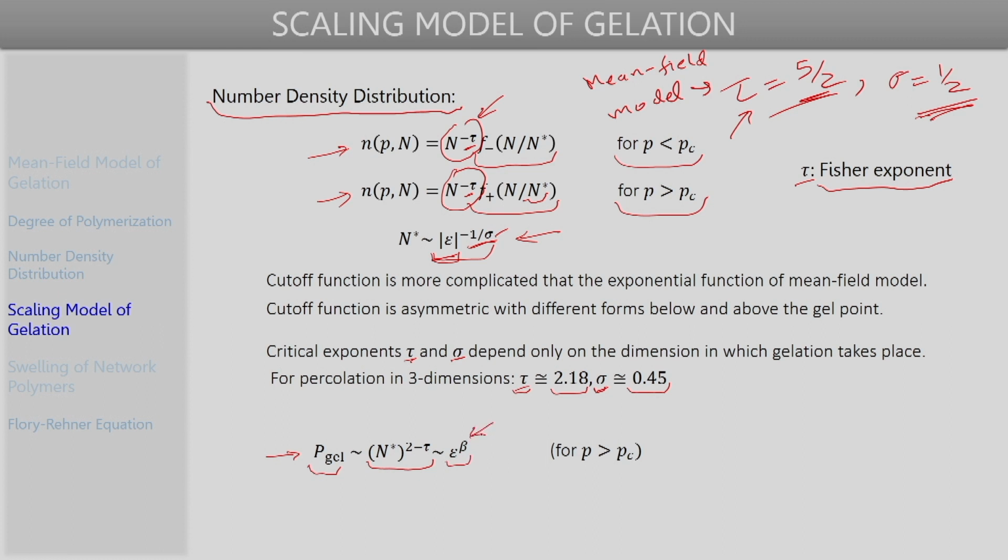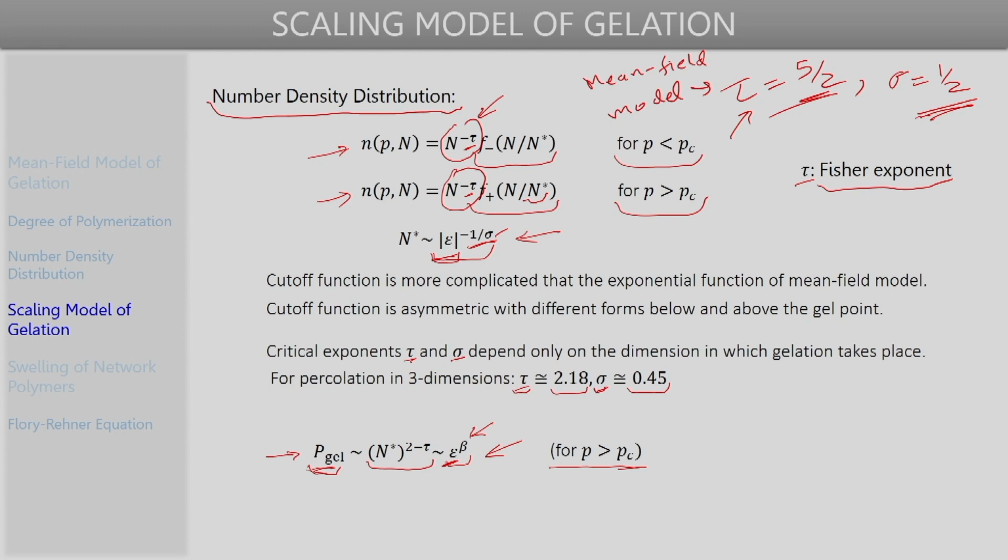This beta is another exponent that comes in here. Since we are talking about the gel fraction, this is only valid at P above Pc, because below the gel point there is no gel and the gel fraction is 0. Above the gel point epsilon is anyway positive, so there is no need for the absolute value.